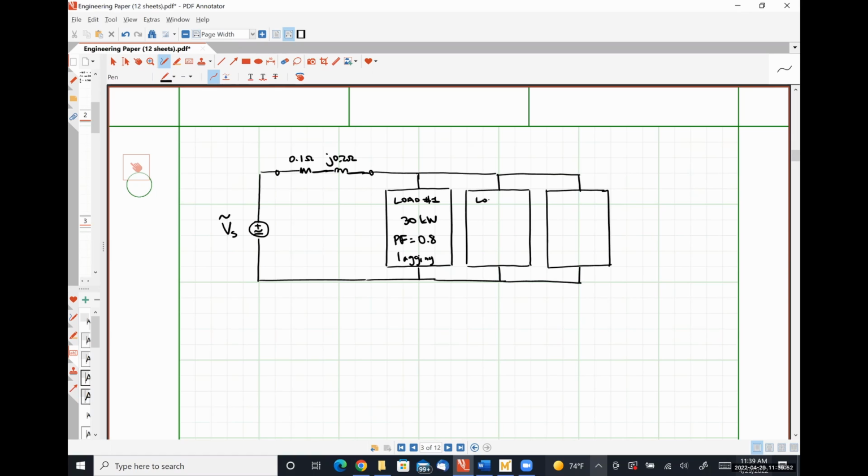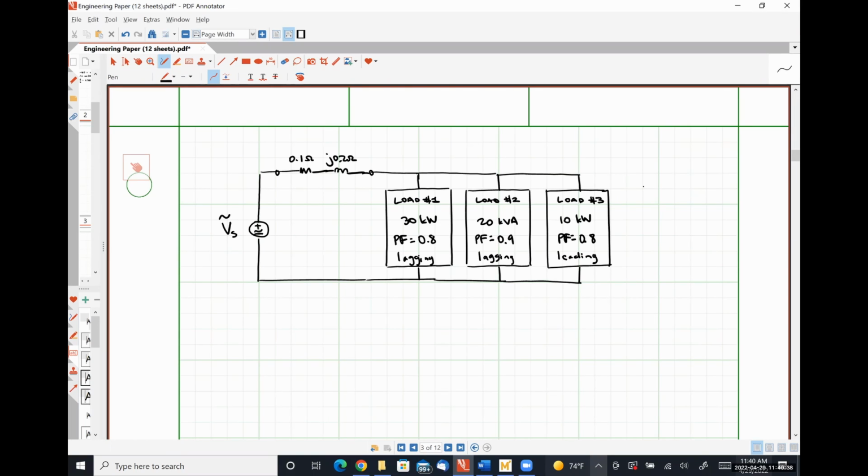Let's say that load number 2 is absorbing 20 kilovolt amperes at a power factor of 0.9 lagging. And let's say that load number 3 absorbs 10 kilowatts at a power factor of 0.8 leading.